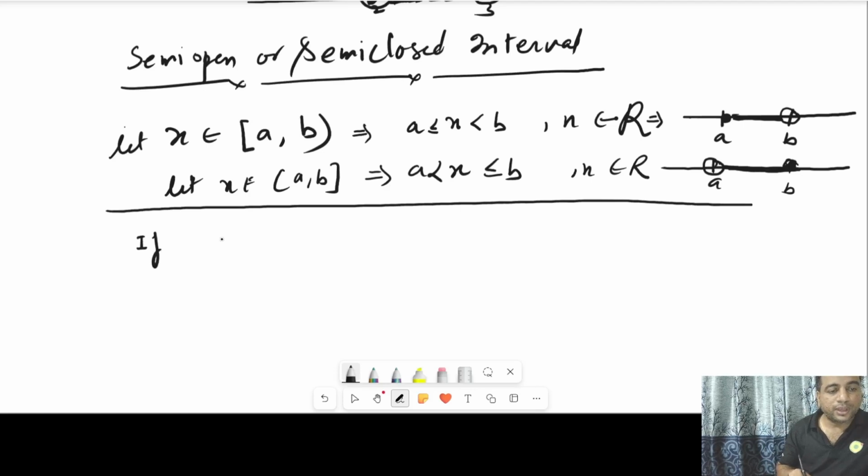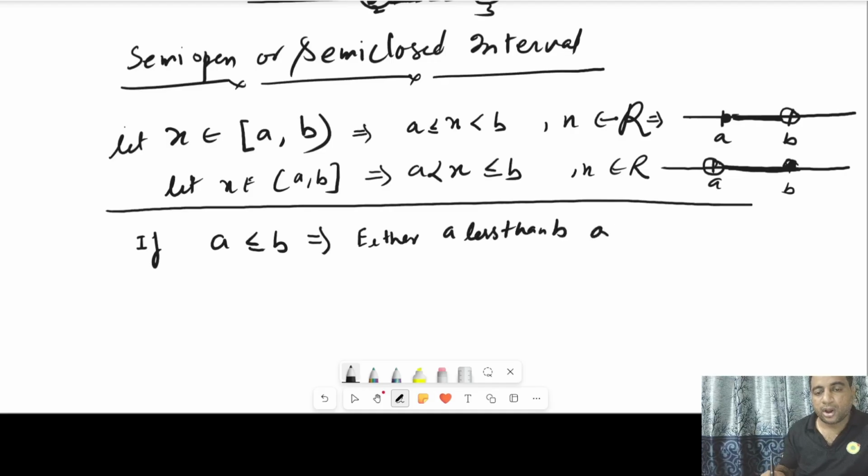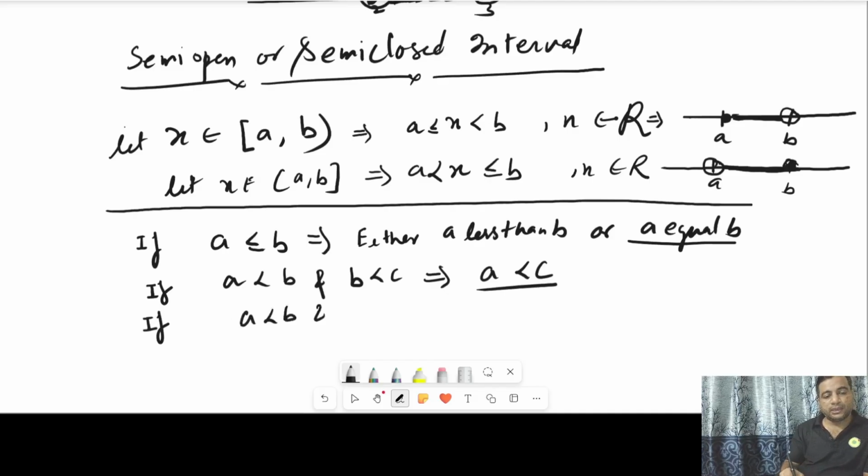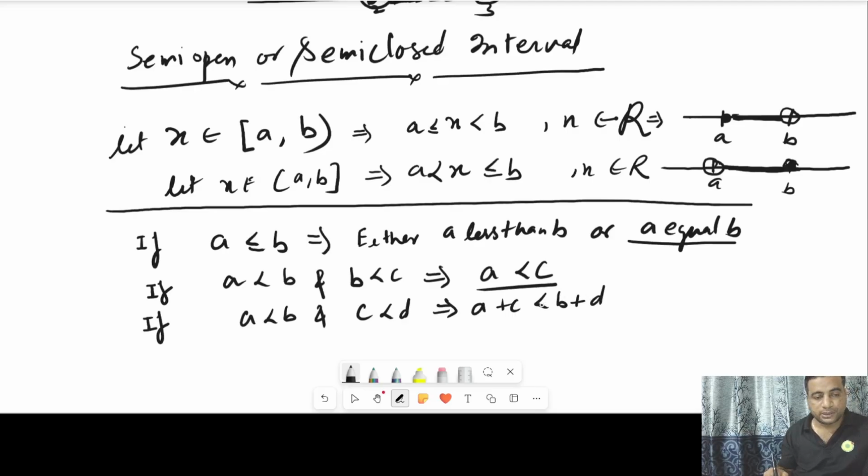If A is less than or equal to B, it says that either A is less than B or A equals B. And if A is less than B and B is less than C, it implies that A is less than C. Next, if A is less than B and C is less than D, it implies that A plus C is less than B plus D.